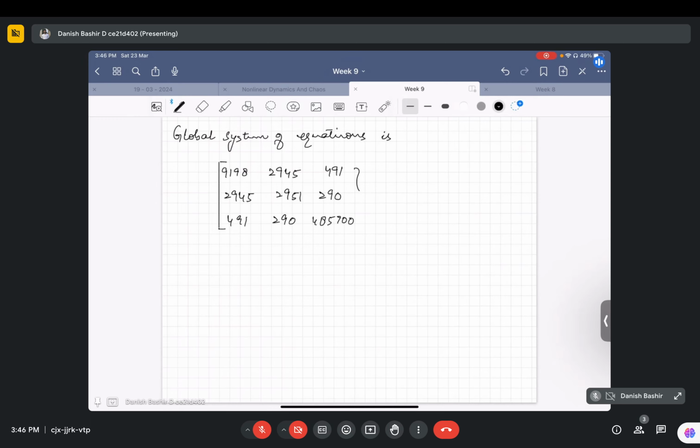Okay, u2, v2, theta 2. Sorry. This will be with u2, v2, theta 2. Okay. And the load vector will be, from this side, equal to 0 minus 20 minus 16 unknown.